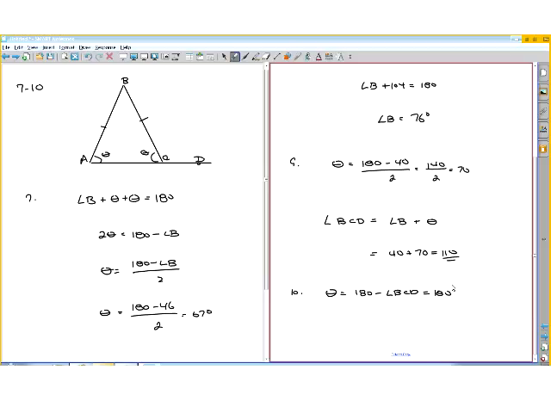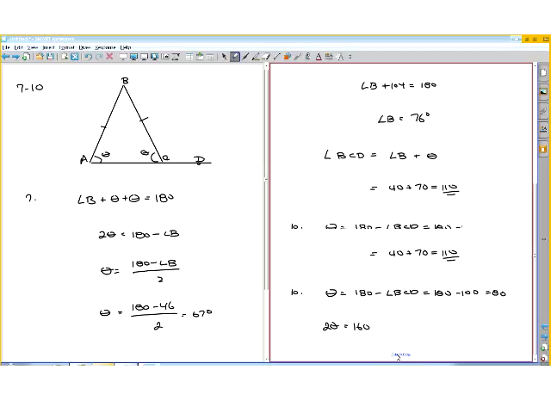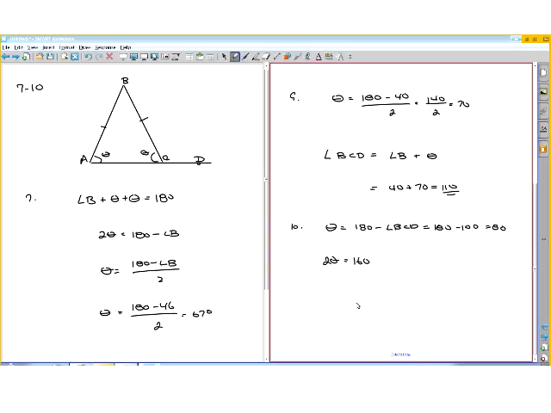Angle BCD is 100, yep. So that's equal to 80. Now we know that theta here is also 80, so we add those two together. So 2 theta is equal to 160. If this is 160, that just leaves 20 left over there because these three have to add up to 180. So we know from that, therefore, angle B is equal to 20 degrees.